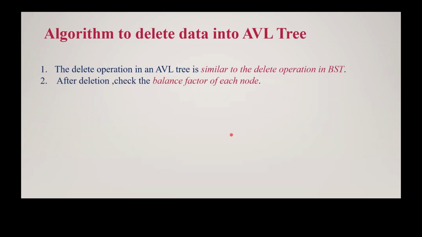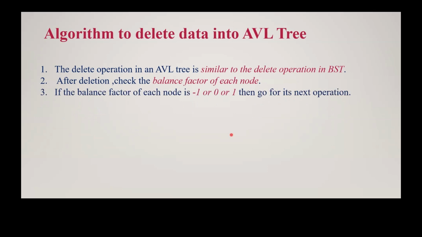Next, the algorithm to delete from the AVL tree. The deletion operation in the AVL tree is similar to the delete operation in the binary search tree. After deletion, we have to check the balance factor of each node. If it is -1, 0, or +1, then we go for the next operation, meaning the tree is balanced. We don't have to do anything. We go for whatever next operation we want to use on the tree.